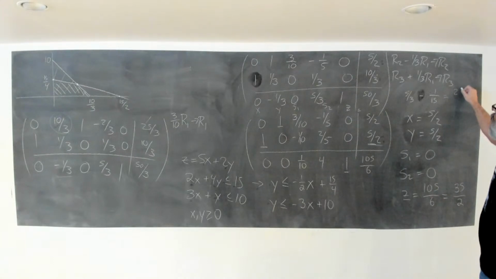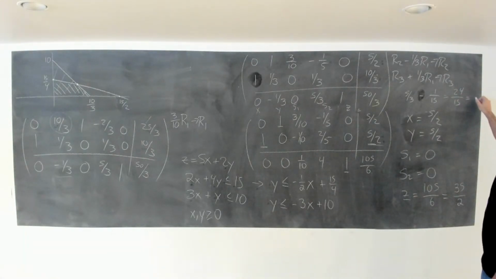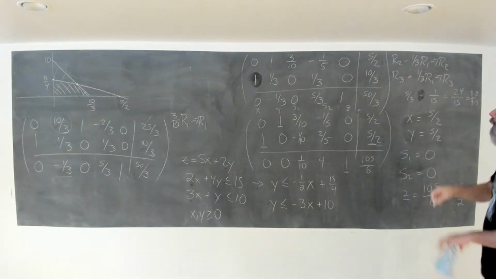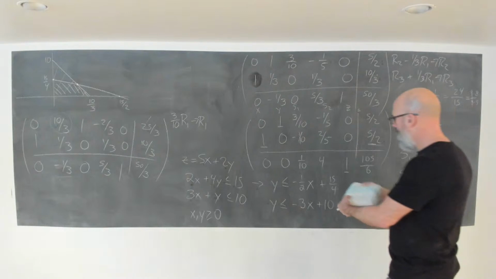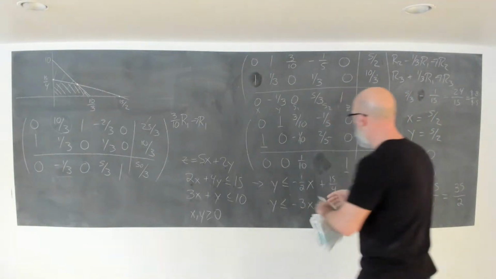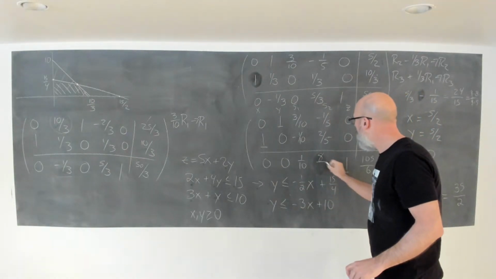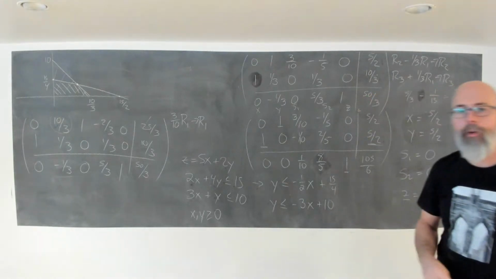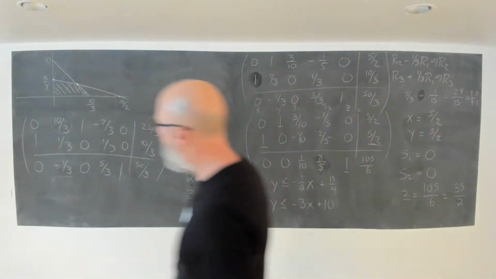So this is 24 over 15. 3 times 8, 3 times 5, 8 over 5. Thank you, the 4 is an 8 over 5. Thank you, everyone. Absolutely.